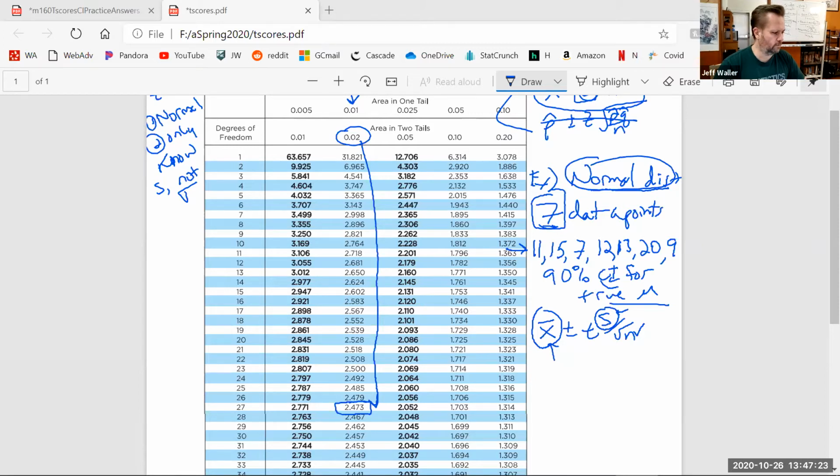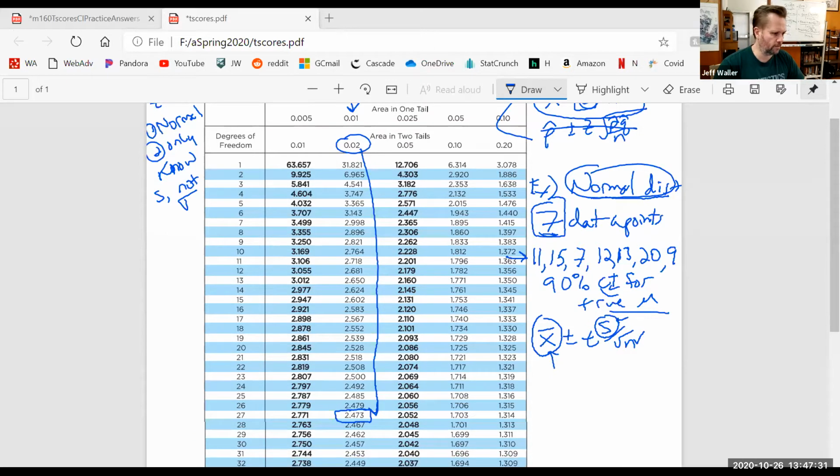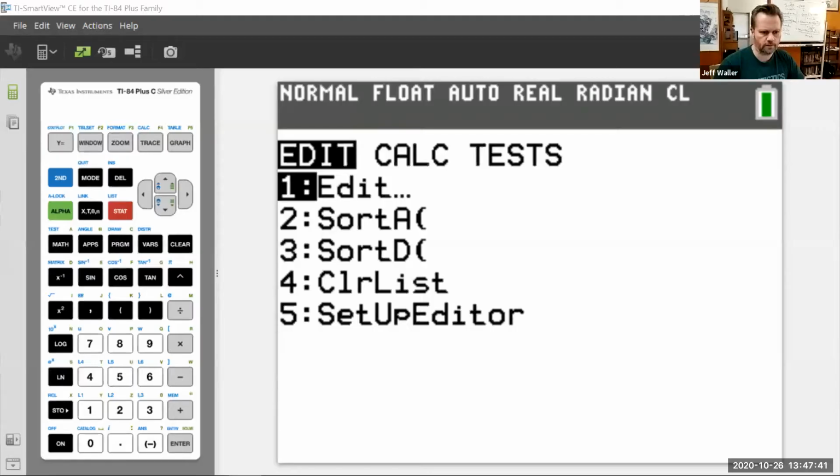So let me do this with you. I'm going to stop sharing this page. Where'd you people go? There you are. Let me share my calculator. Coolness.